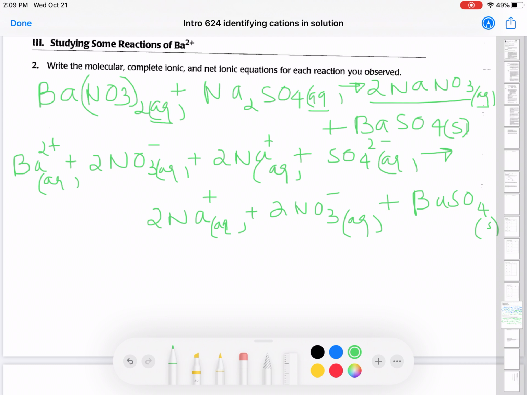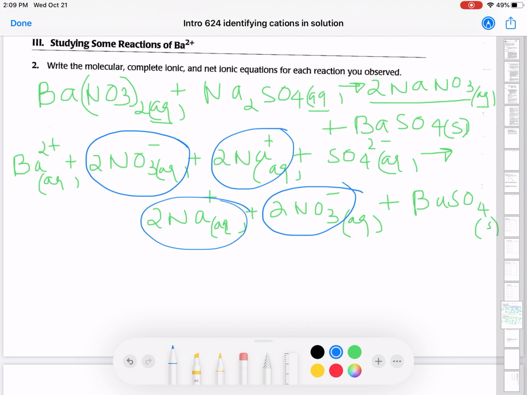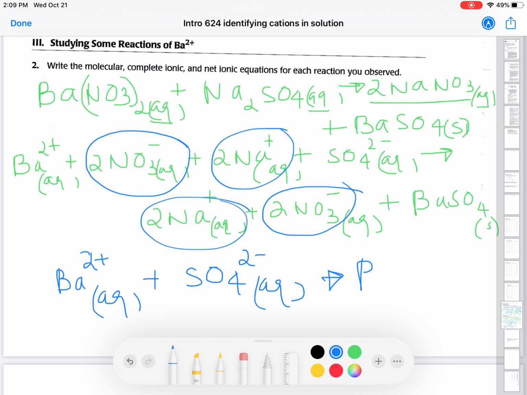Okay, and then you're going to identify what are the spectator ions. So the common ions that we find on both sides: 2 nitrate, 2 nitrate, 2 sodium, 2 sodium. So once you leave the spectator ions out, what you're left with is barium 2 plus aqueous plus sulfate ions aqueous, giving you barium sulfate solid, and that's going to be your net ionic equation.